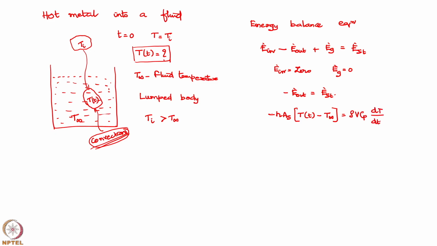Let us write each term. What are these terms? h is the heat transfer coefficient between the fluid and the body. A_s is the surface area of the body.